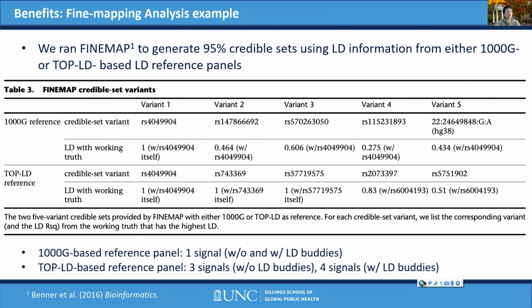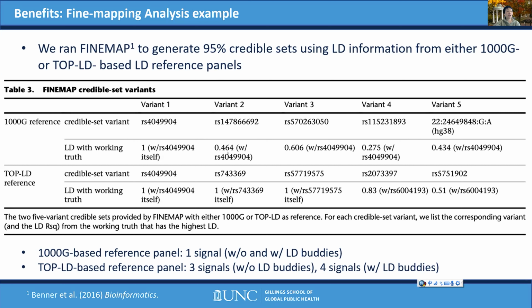So regarding the first distinct signal at the locus, both LD references identified it without any problem and highly consistently. But if you look at the other variants identified from summary statistics based fine mapping using the 1,000 Genomes reference, they are all partially reflecting the first distinct signal.